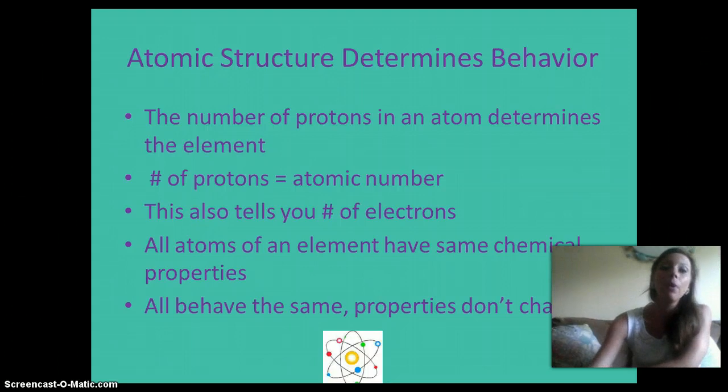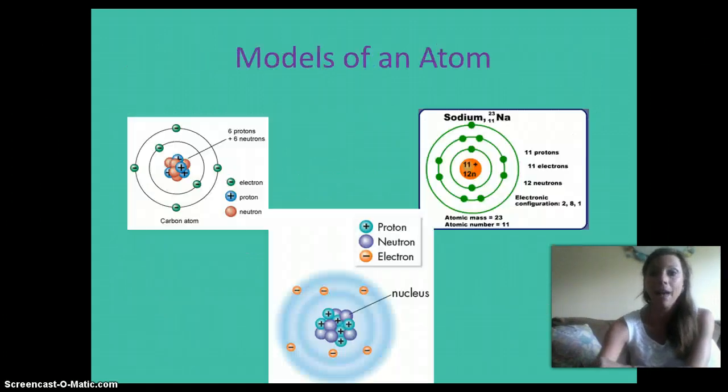The number of protons is going to be the atomic number, and this also tells you the number of electrons. So for example, if we have 6 protons, we have 6 electrons. In this atom we have 6 neutrons. This makes up carbon. So the atomic number is 6.